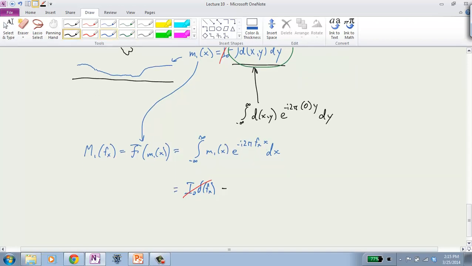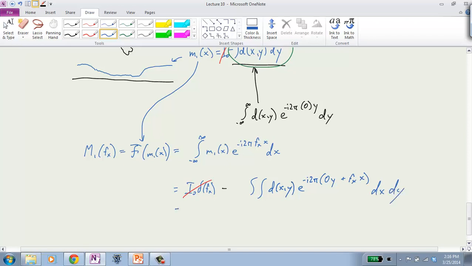So the point is, it's an integral of an integral of d(x,y) e to the minus i 2 pi (0·y plus fx·x) dx dy.